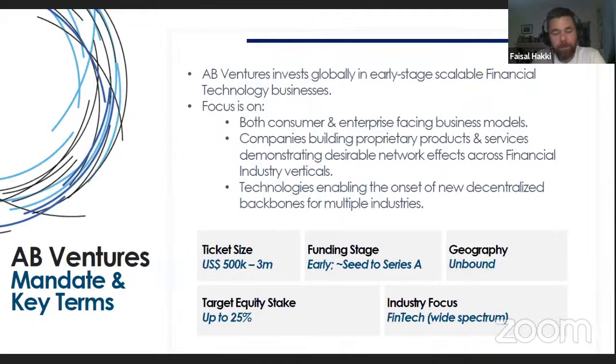Very quickly, I'll talk about AB Ventures. Like Burak presented us, we are the corporate venture capital fund of Arab Bank. If you don't know, Arab Bank is the largest and oldest bank in Jordan. It is also the largest banking network of any MENA-based bank. We are present in 26 different countries.